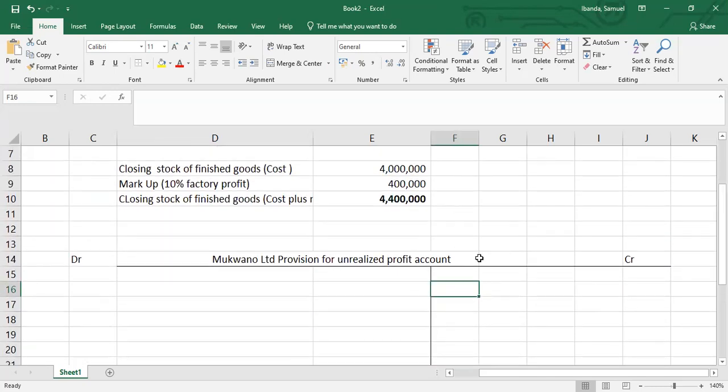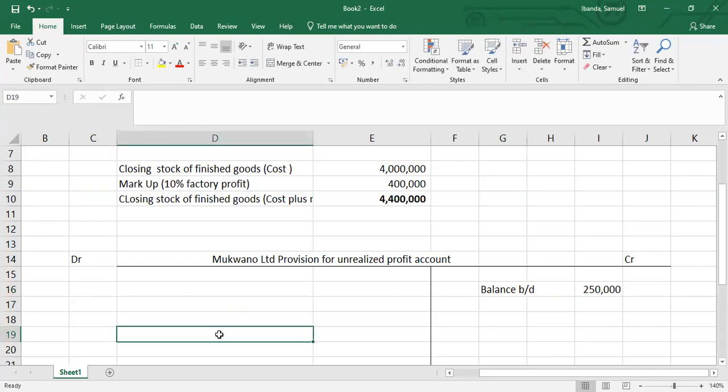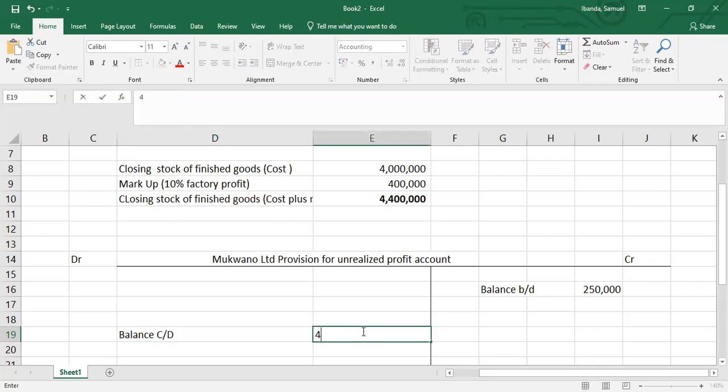This was opening stock, balance brought down, 250,000. And then our balance carried down is 400,000, which is on closing stock, like the one we've seen there.